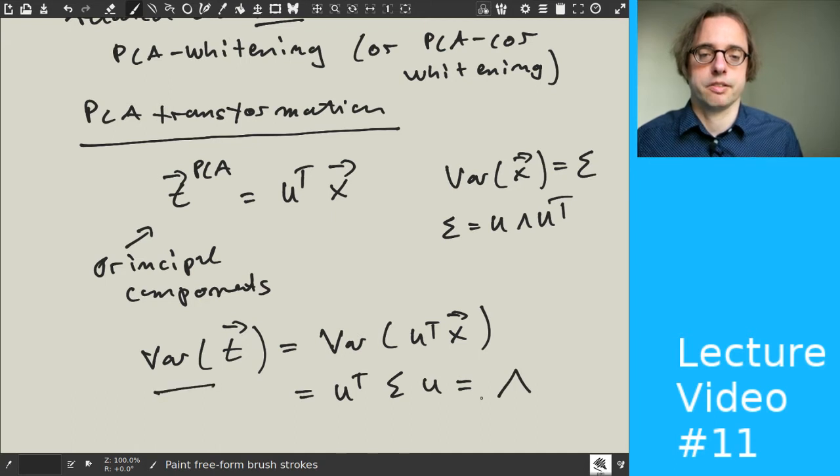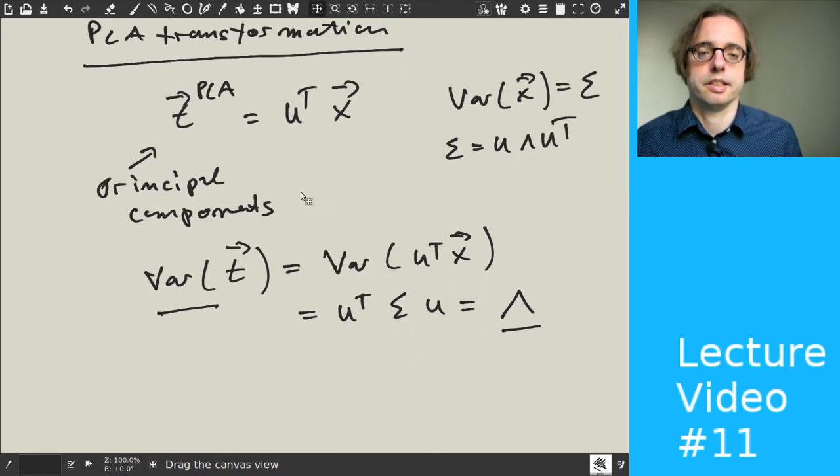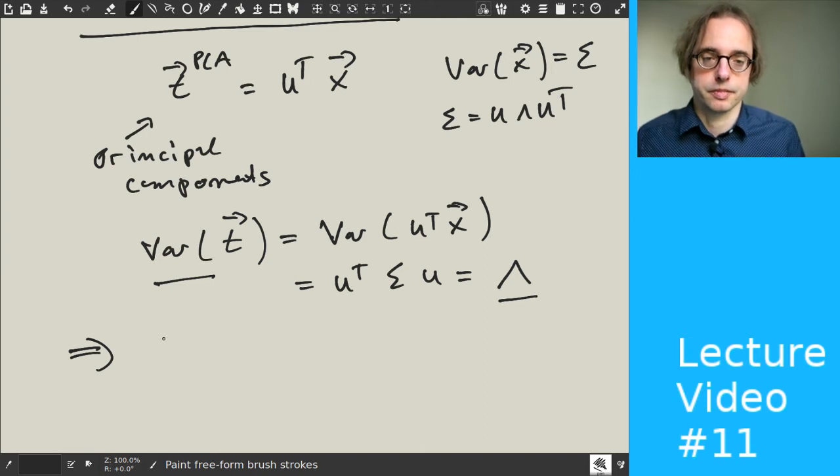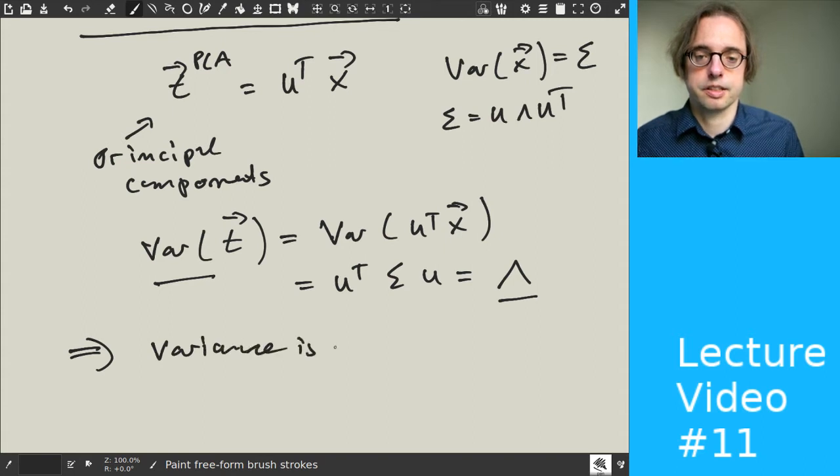So the variance of the principal components is actually the matrix of eigenvalues, which means immediately the principal components are orthogonal but not orthonormal. So the variance is not one for the individual components, so it's not whitened.